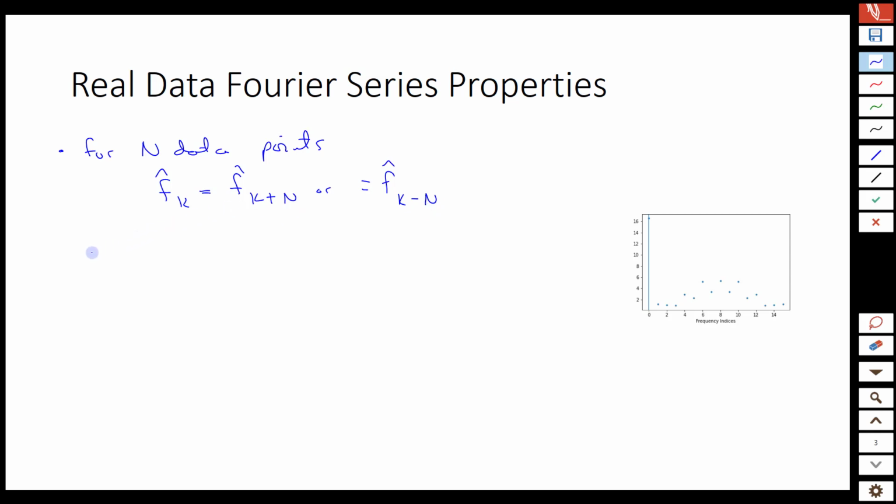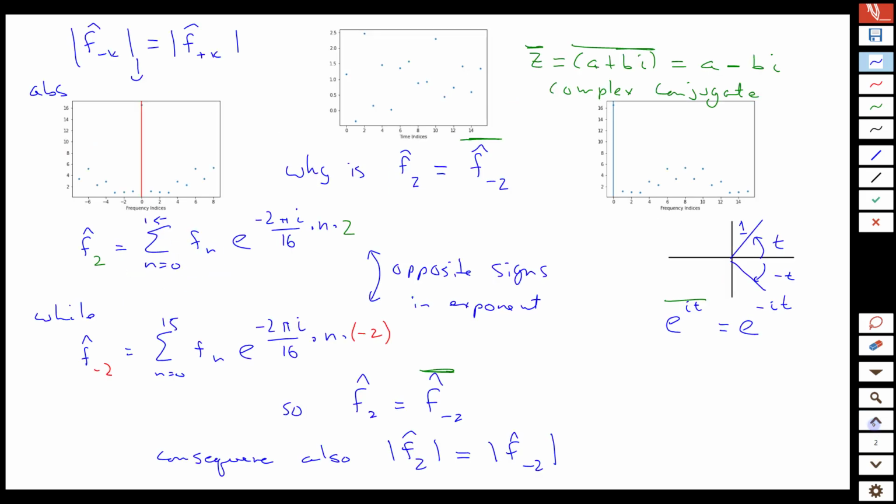And when we do that, we also find the relationship that if we have a positive k and we replace it with the negative version of that, we just need to take the complex conjugate. And this is our redundancy effect that we talked about in an earlier discussion.